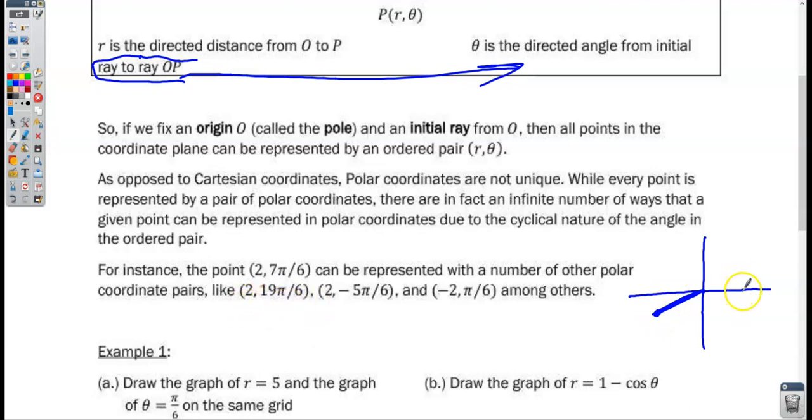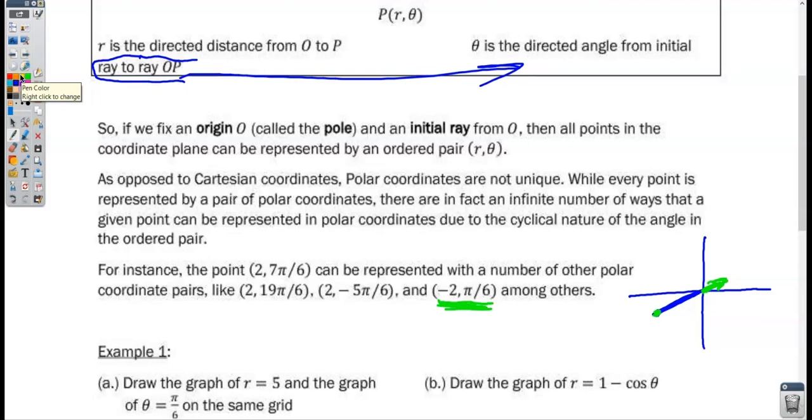Or it could have been represented by the ordered pair 2, negative 5 pi over 6, where we go backwards to get to that point. Or, in fact, it could be represented by negative 2, pi over 6, where we go with a pi over 6 angle, but we're going 2 units in the opposite direction, which gets us to this point. So there are literally an infinite number of polar ordered pairs that we can use to represent any given point in the polar coordinate plane.